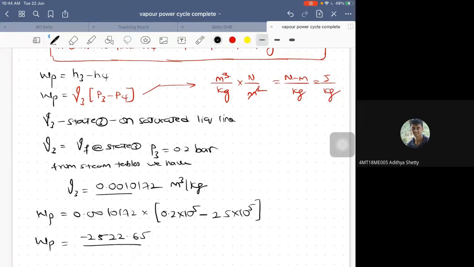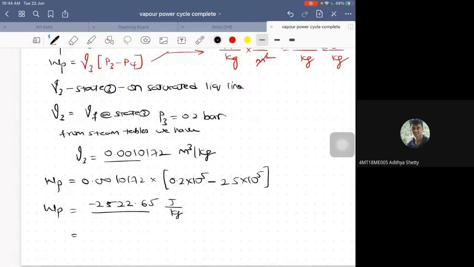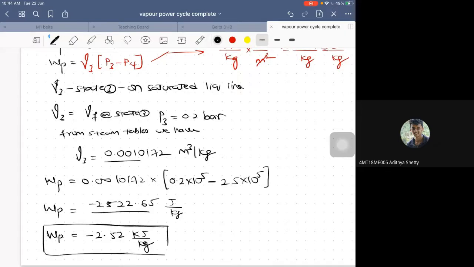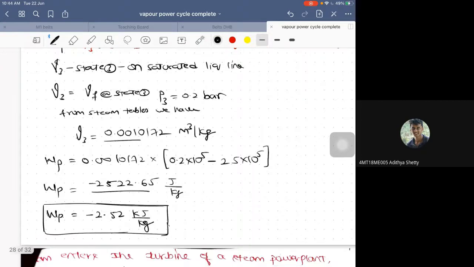So I'll write joules per kg, but I can make it minus 2.52 kilojoules per kg, right? Yes, sir. Okay. So WP is obtained.